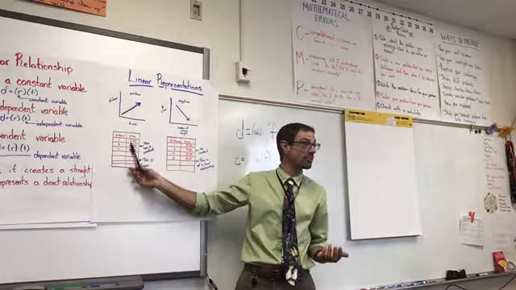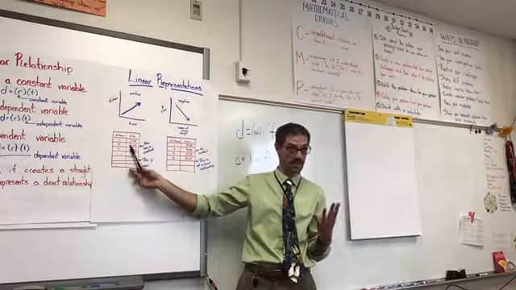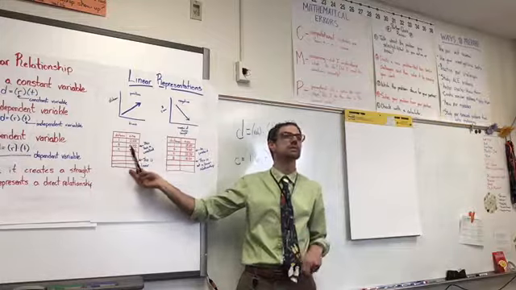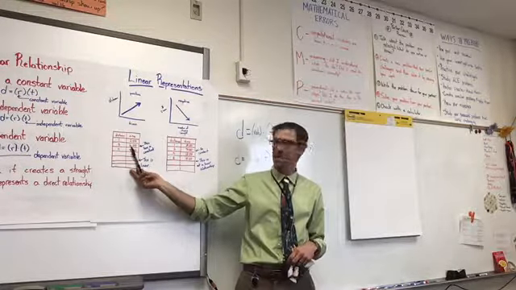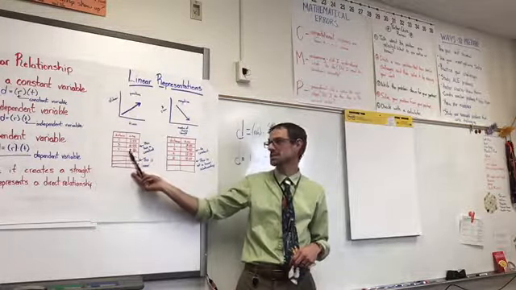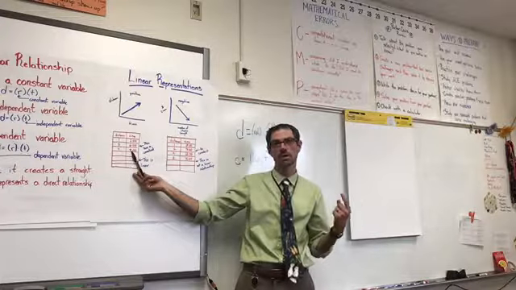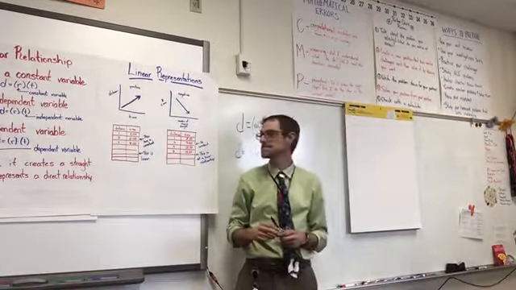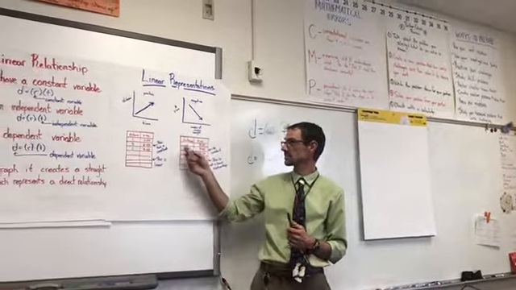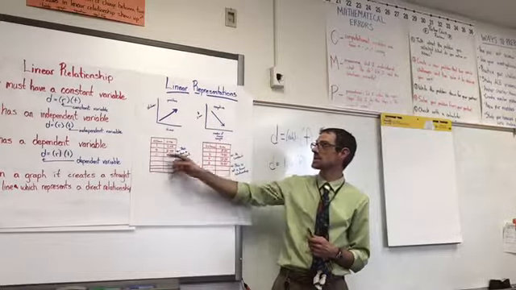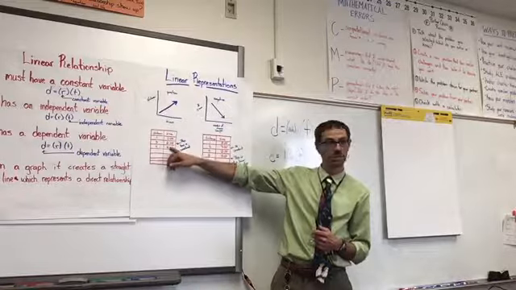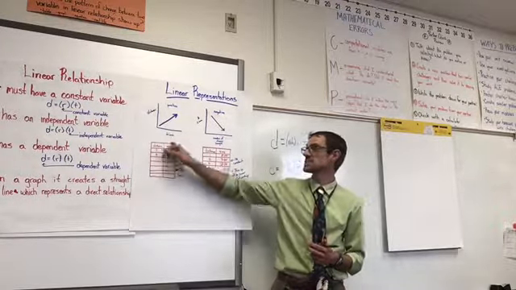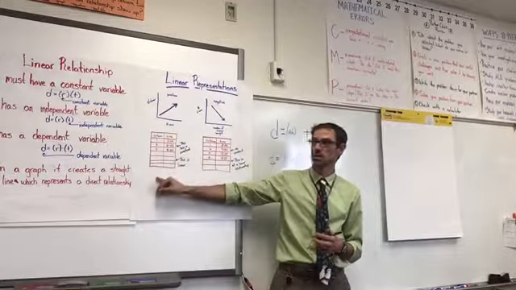So if I go 2 miles, it takes me 4 minutes. If I go 3 miles, it takes me 6 minutes. If I go 4 miles, it takes me 8 minutes because I'm going 1 mile for every 2 minutes. So here I can see that there's a constant. There's a pattern. And I recognize the pattern. So this is a linear chart.